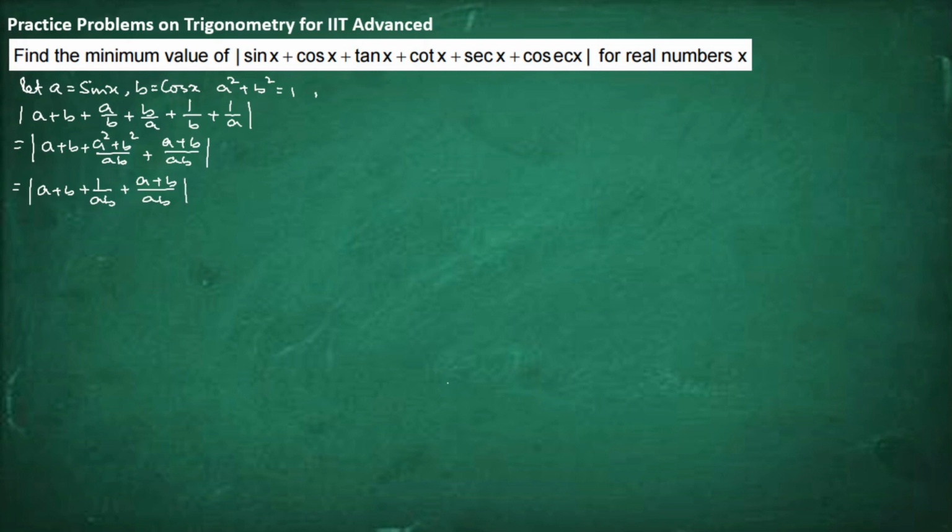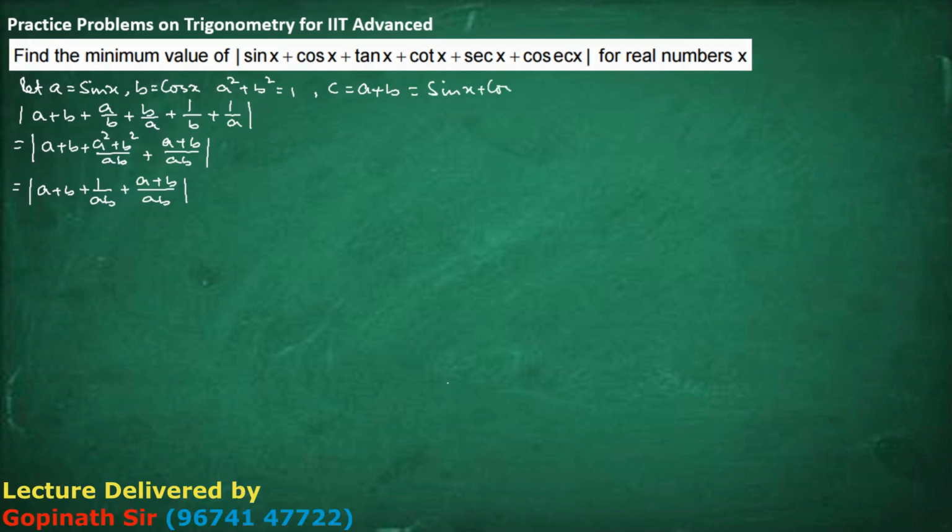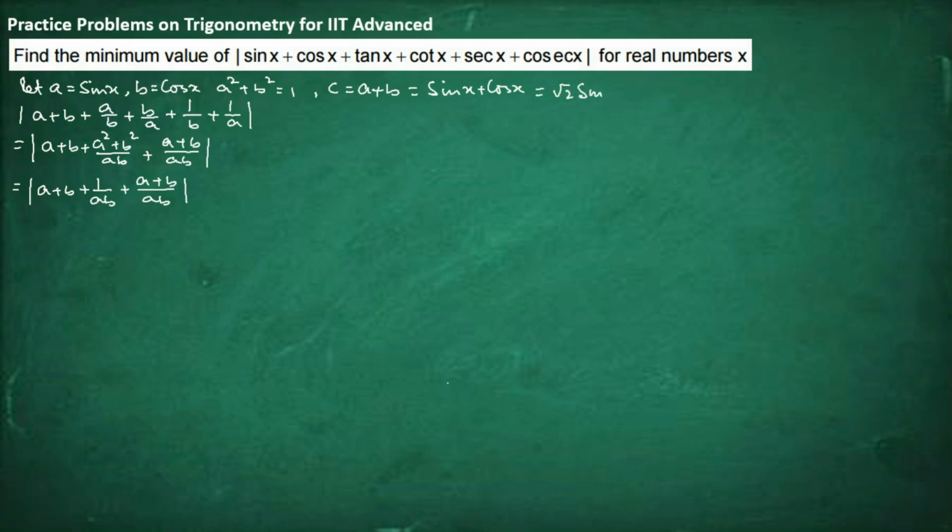Now let me assume that C is A plus B, that is sin x plus cos x, which can also be written as root 2 sin (x plus pi by 4).